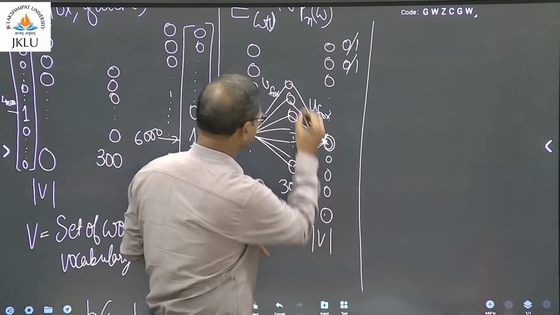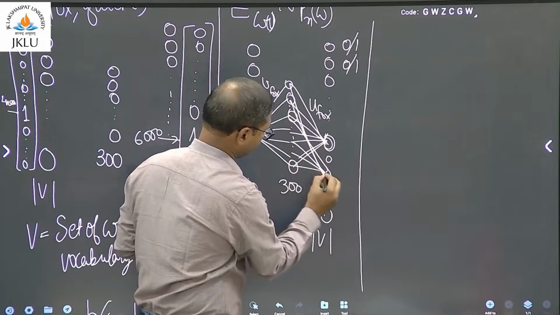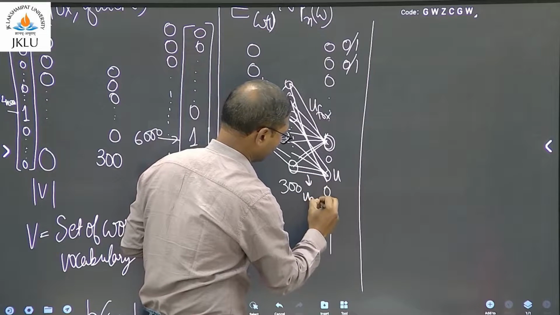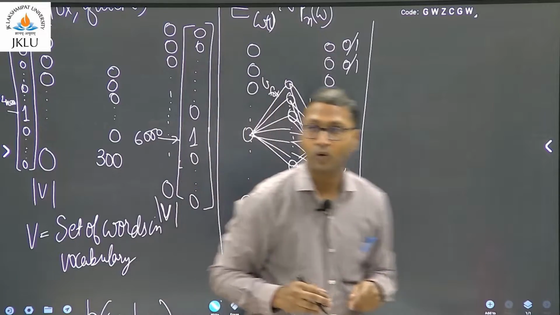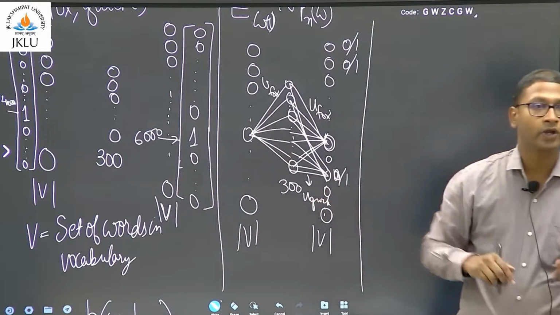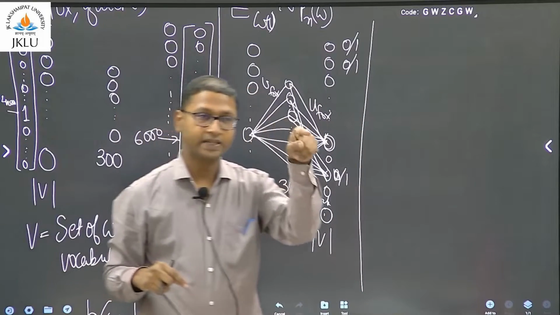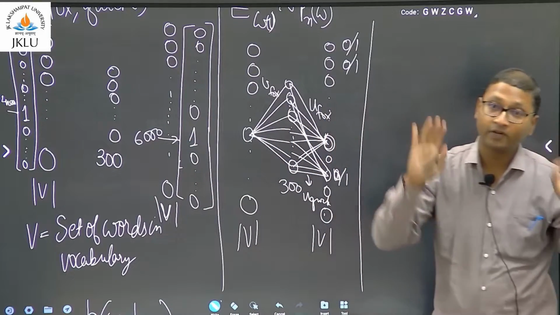So u quick will be somewhere here. So this is my u quick. And the answer will be 0 or 1. How do you compute the sigmoid? 1 upon 1 plus e to the power minus z. What is z in this case? Look here and you will be able to remember everything.